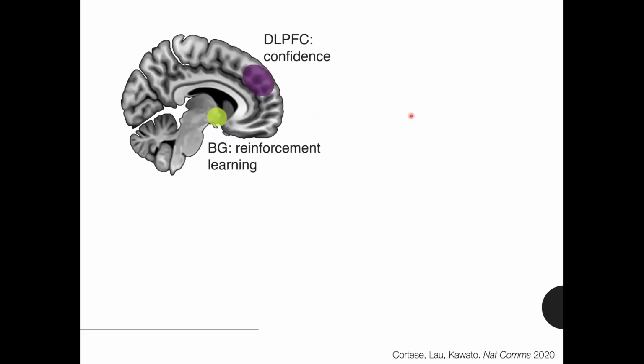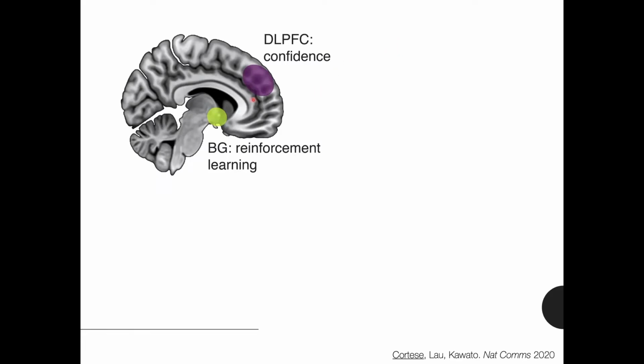So finally, we thought, okay, this is nice. We see it behaviorally, we see it at the computational level, but ideally we would like to see also a neural correlate or neural substrate of this coupling between the psychological construct of confidence and this computational process in reinforcement learning.